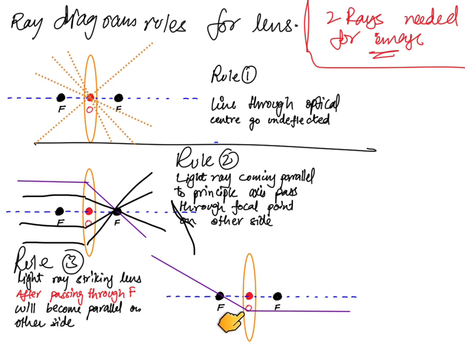Got it? So isn't it the reverse of the one that a light ray coming parallel to the principal axis will pass through the focal point? Yes. So these were the three rules.